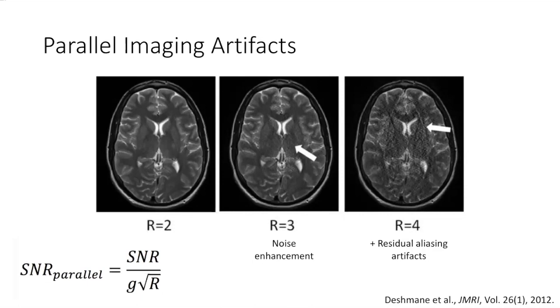And this is due to the fact that our signal to noise ratio, when we use parallel imaging, decreases by the square root of our acceleration factor R, as well as the G factor, labeled as G on the bottom, which describes the coil array and the different information you can get from each coil.